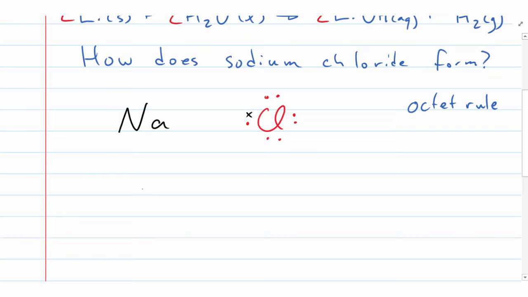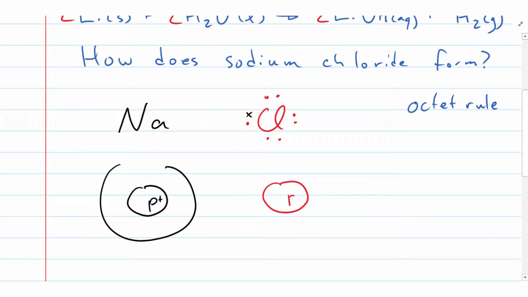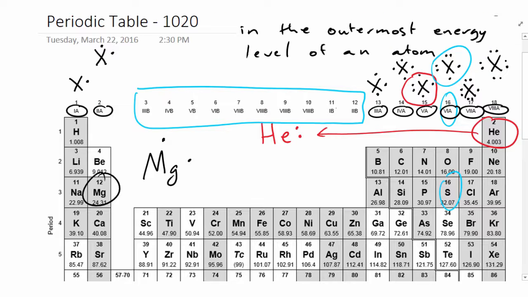If we looked at the atom as a whole, let's look at protons and electrons. If we look at chlorine over here, to start with, how many electrons does an atom of chlorine have to begin with? How many protons does it have? And how do we figure that out?